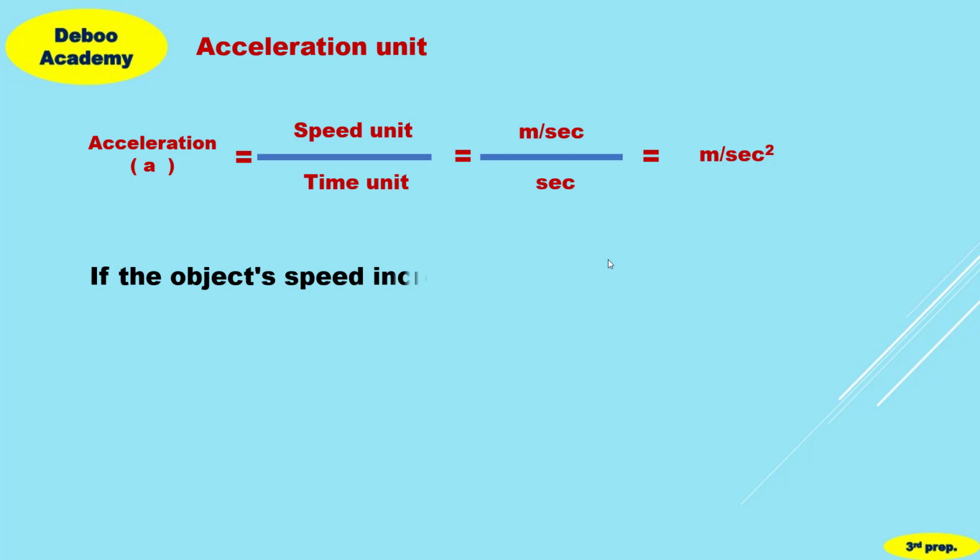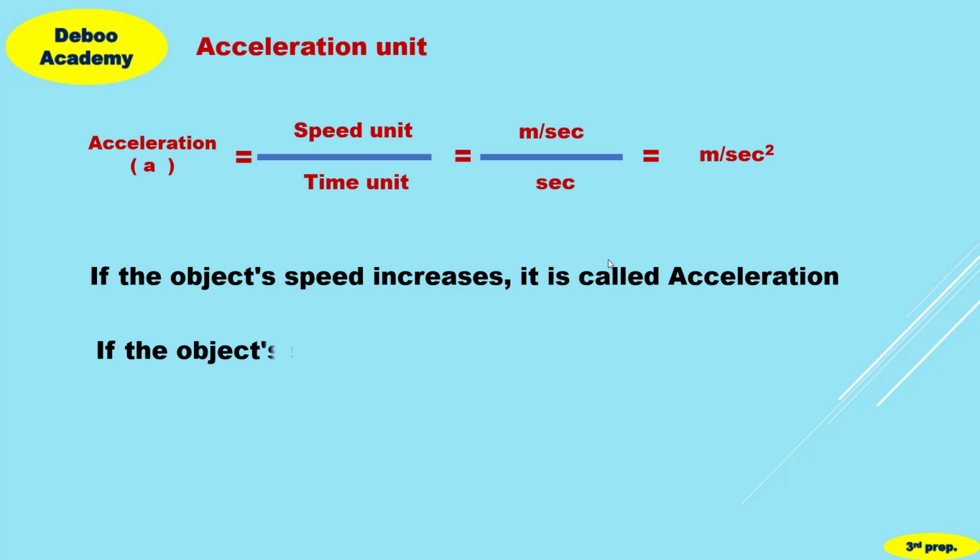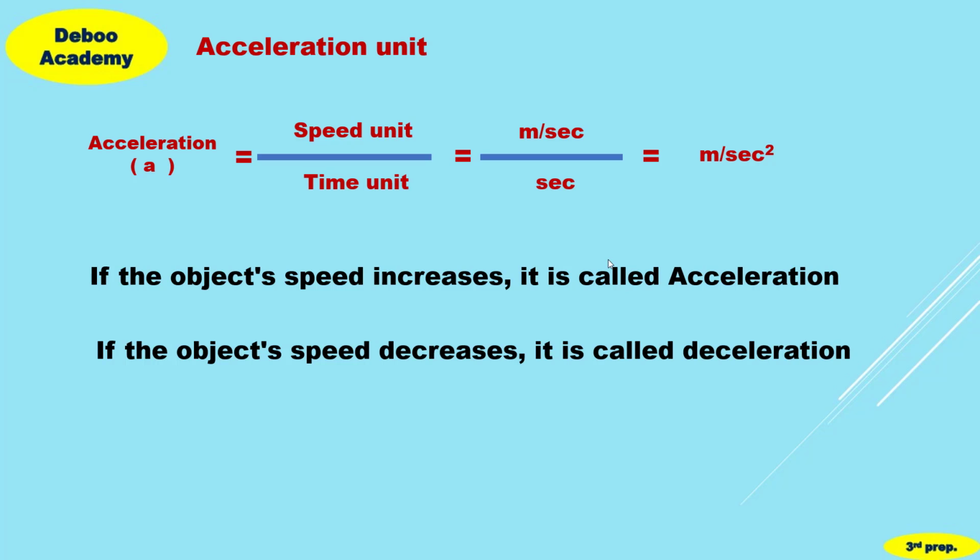If the object's speed increases, it is called acceleration. And if the object's speed decreases, it's called deceleration. So when the speed increases, we call it acceleration, and when the speed decreases, we call it deceleration.